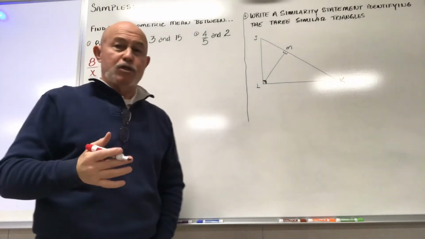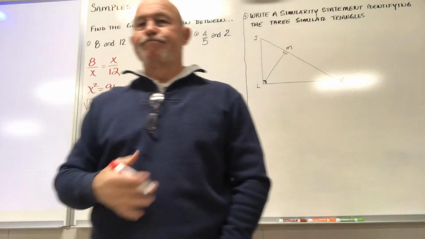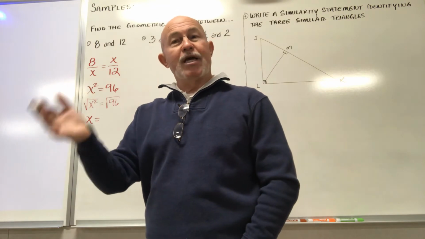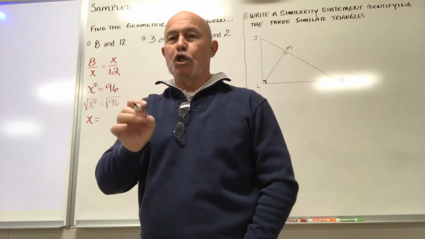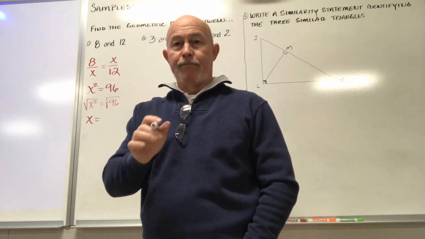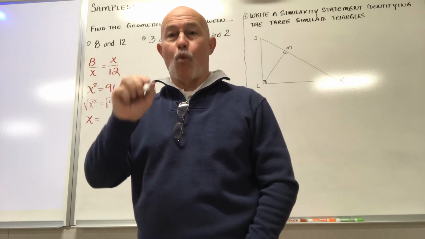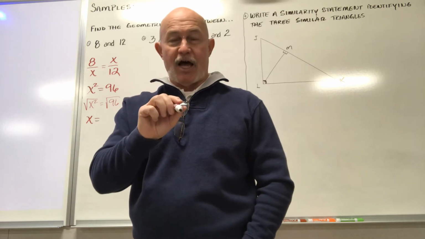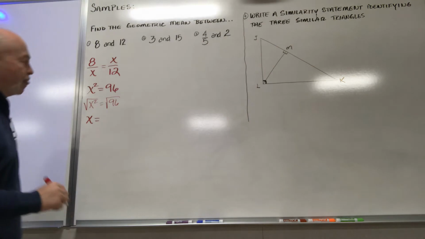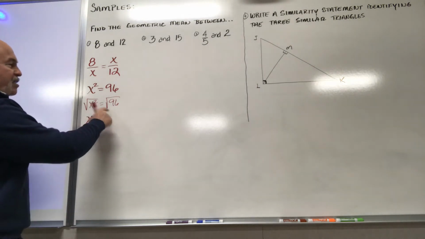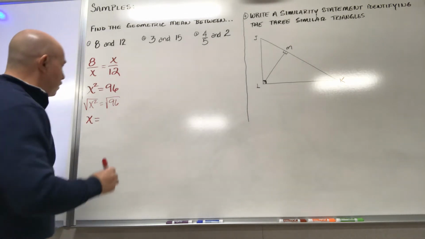Now we simplify the square root of 96. As I mentioned in the lecture on square roots, don't jump for the calculator right away. This is a time when I want you to simplify. So get used to it. It's an exercise. You're going to figure out 96 is a really common one here.